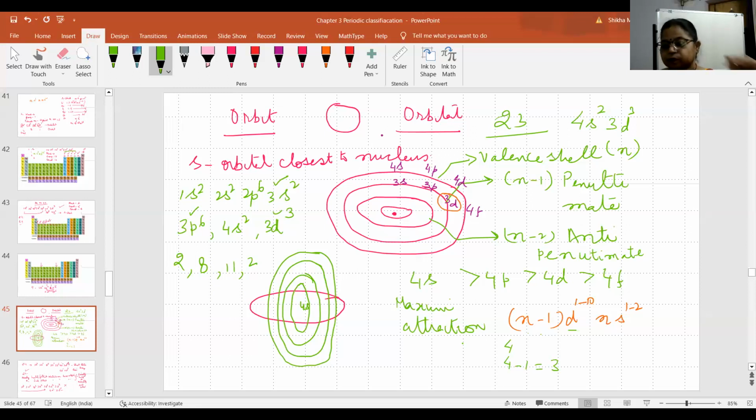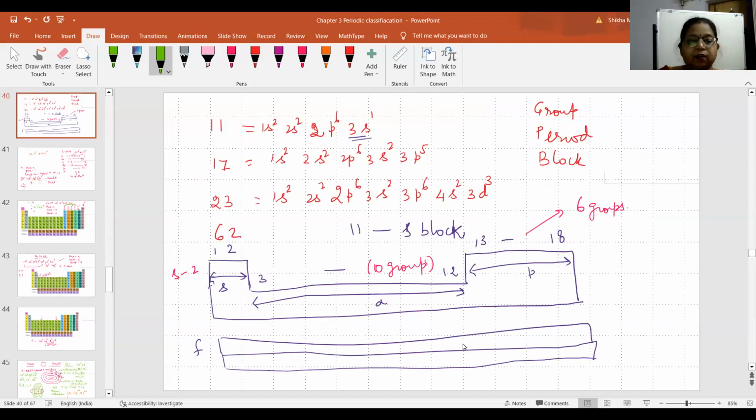Okay. Now, similarly, 62, I'm giving you 62 for your homework. I think we started with those 4 atomic numbers. 11 was s block element, 17 was p block element, 23 is a d block and 62 is an f block element. Right?